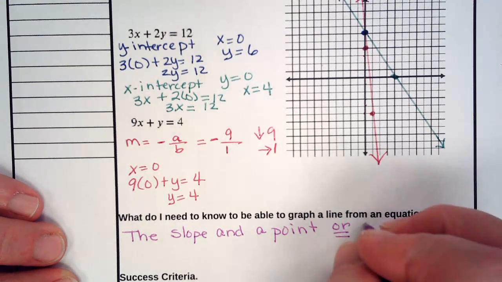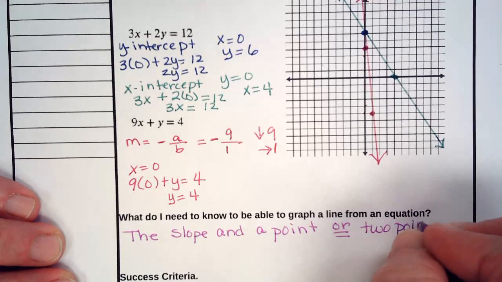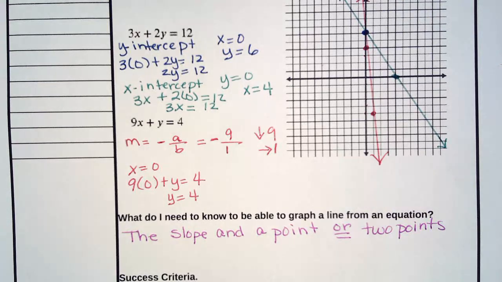Two points. But it doesn't matter where the 2 points are, they do have to be on your linear equation, an answer to the linear equation.